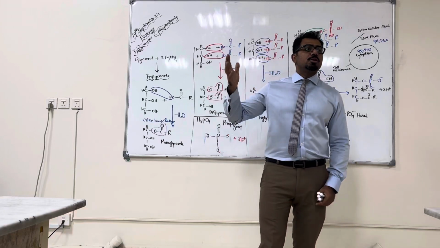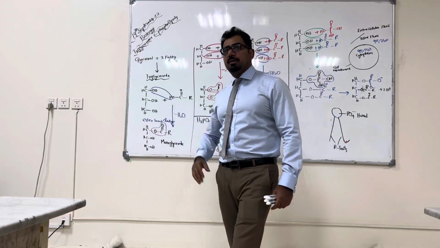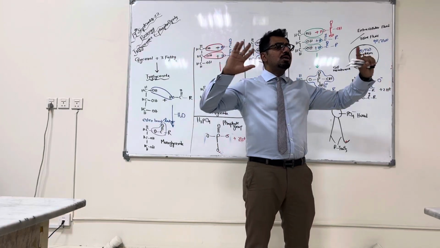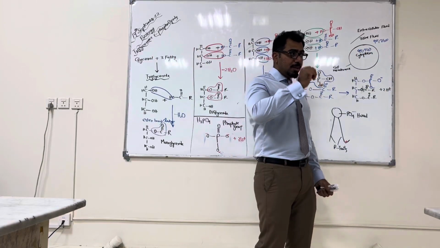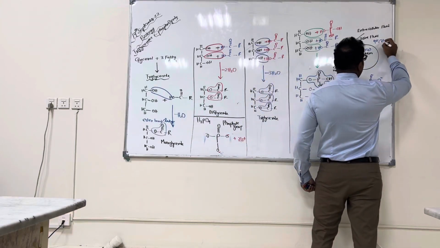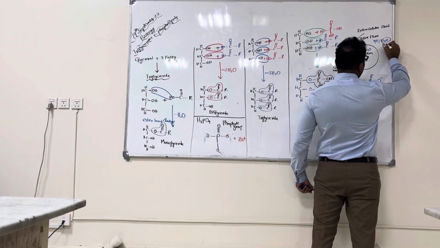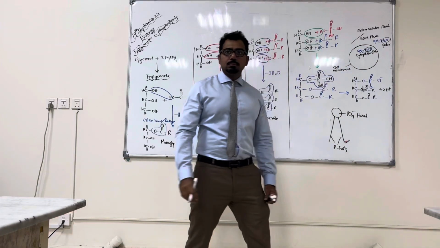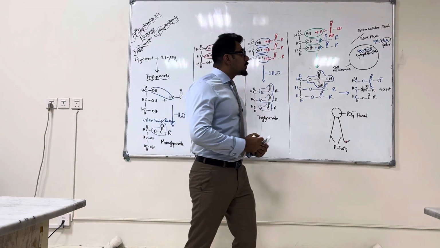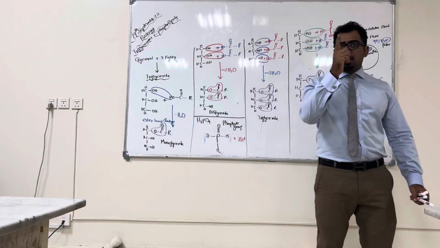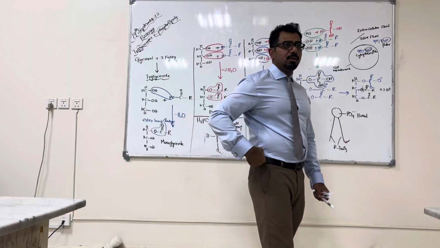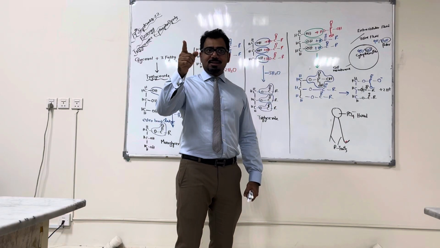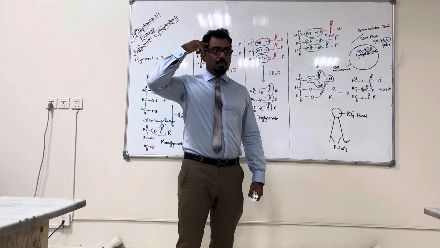The concentration of solutes is the same, outside and inside, 90%, 90%. Solvents are also the same. And remember, water is polar. So water is on the outside, water is on the inside, and the cell membrane is made up of phospholipids. Like attracts like. Keep all these concepts in your mind.